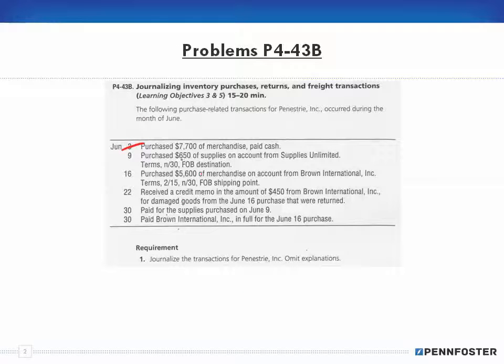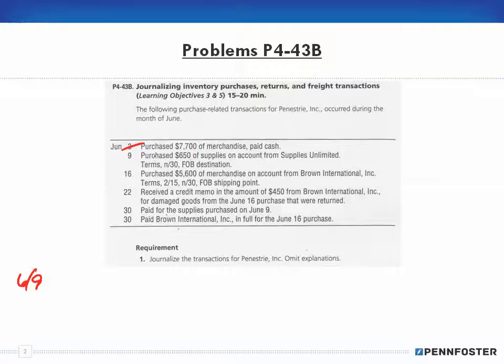June 9th, purchased $6,500 of supplies on account from Supplies Unlimited. Terms net 30, FOB destination. So 6/9, all right. So I'm purchasing supplies on account. So am I affecting cash? No. Am I affecting accounts payable or receivable? Yes.